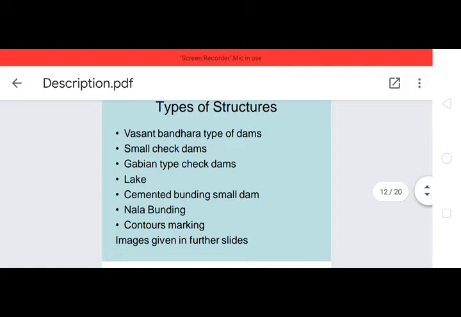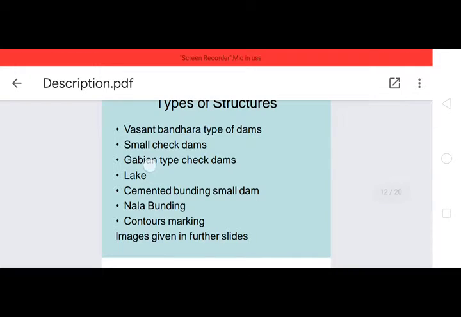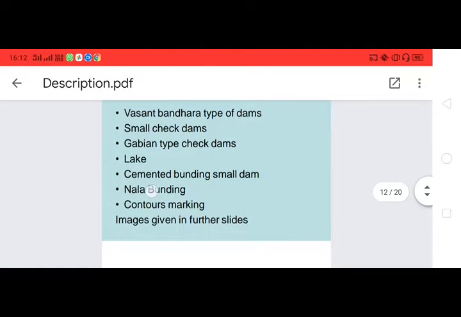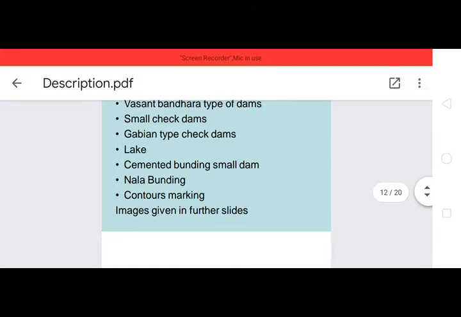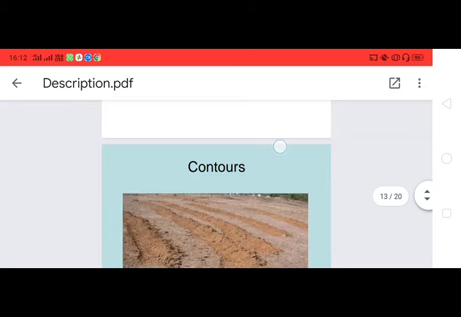Vasant Bandhara type of dam, small check dam, Gabion type check dam, lake, cemented bunding, small dam, Nala bunding, contour marking. Images are given in the next slides.